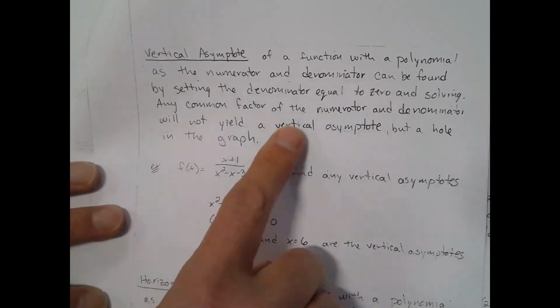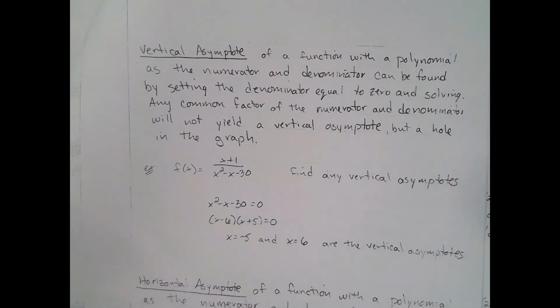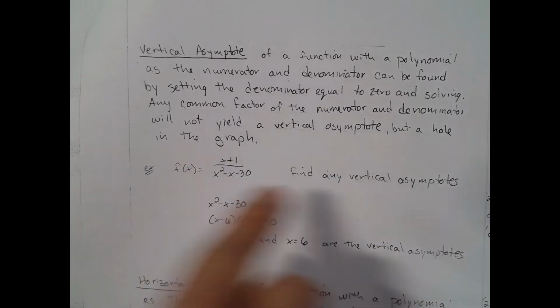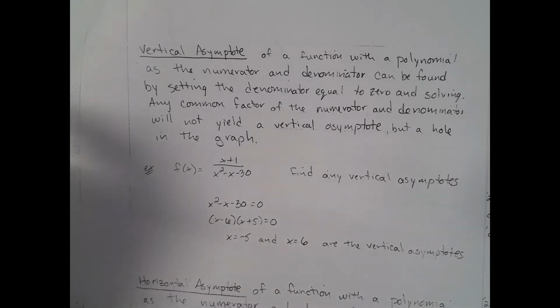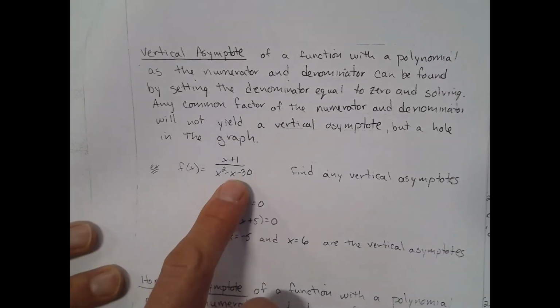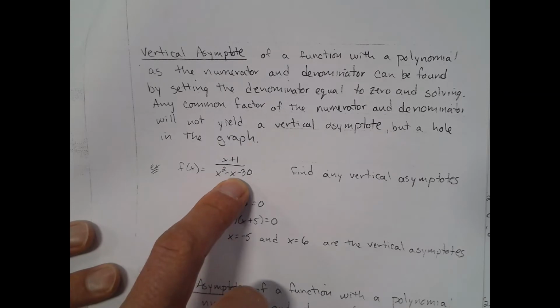So a vertical asymptote is a vertical line that a function is going to approach, converge to. Oftentimes I'll draw them with a dotted line, and it'll make more sense once we do a couple of these. A vertical asymptote appears where x is not part of the domain, unless there's a common factor on top and bottom.